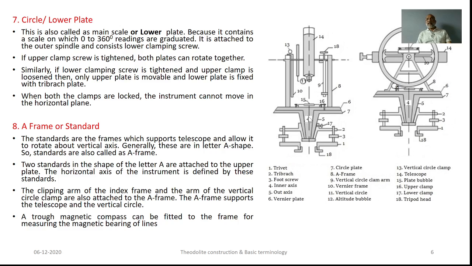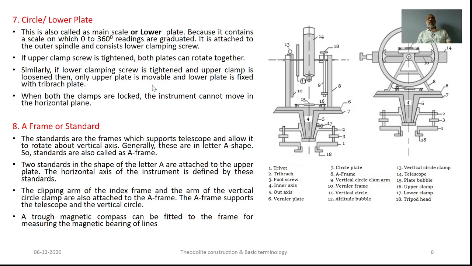Here, let's get acquainted with two screws. There is a provision of an upper clamp as well as a lower clamp. Whenever the upper clamp screw is tightened, both plates can rotate together.